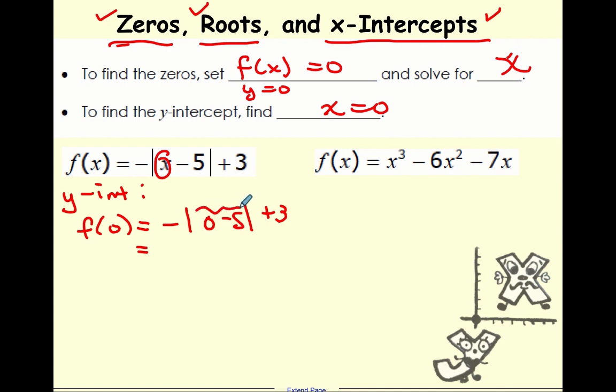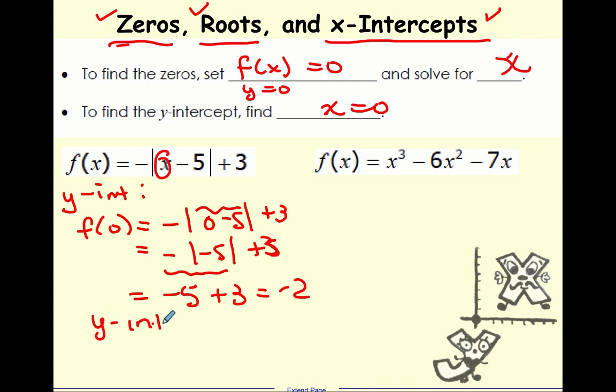This comes out to be negative 5, but the absolute value of negative 5 is 5. When we negate that, we get negative 5 plus 3, which is negative 2, and that is our y-intercept. So the y-intercept equals negative 2.